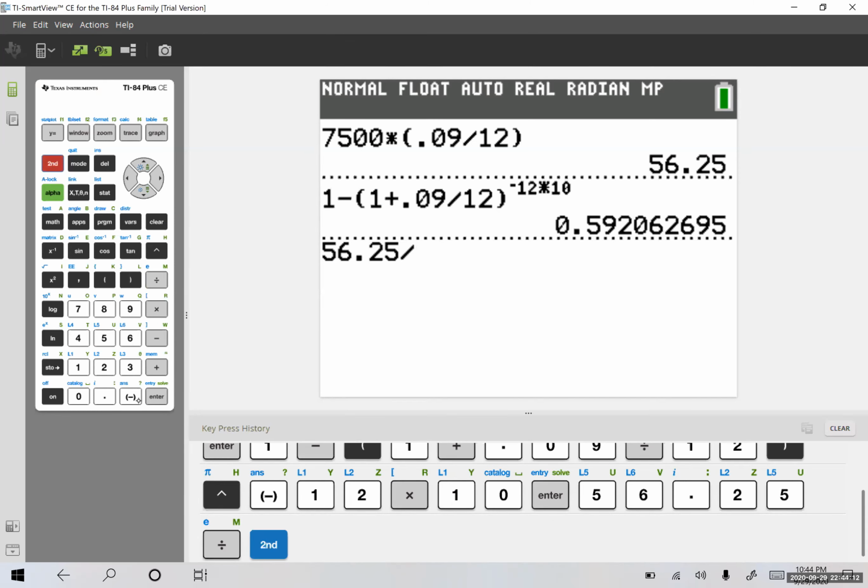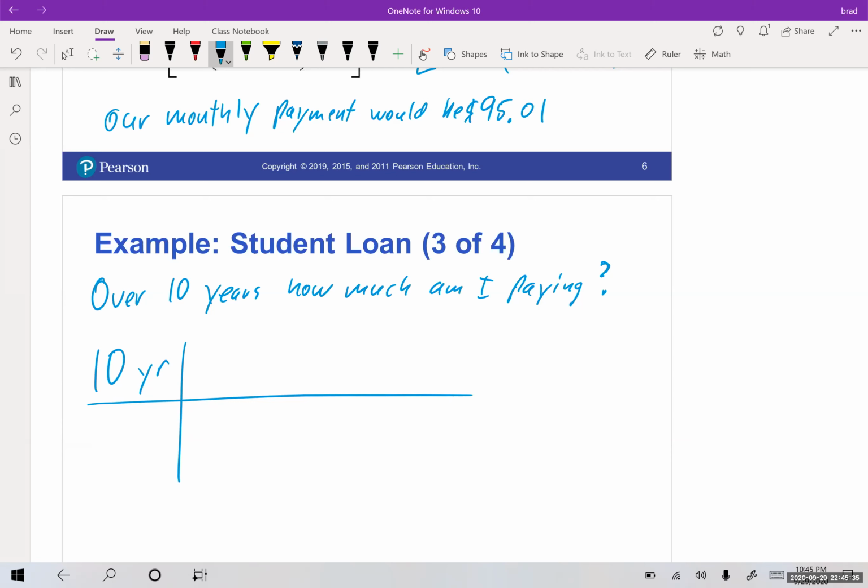Okay, so what I'm going to do is 10 years times 12, right? Now we know that right now we're paying $95.01 per 1 month, right?